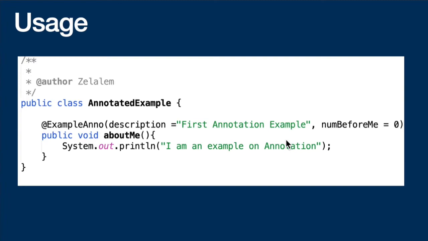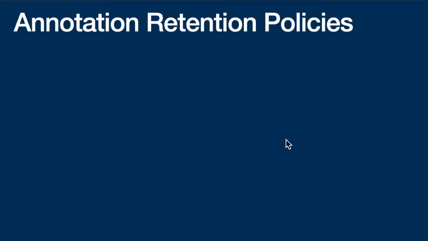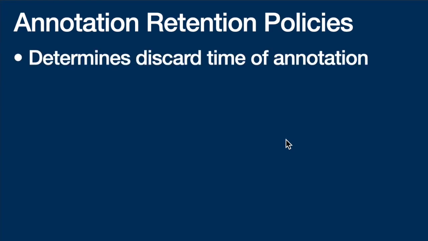When we use annotations, we have to specify annotation retention policies, which are depicted in the Java language annotation retention package. When we specify the retention policy, that determines when this annotation will be discarded.